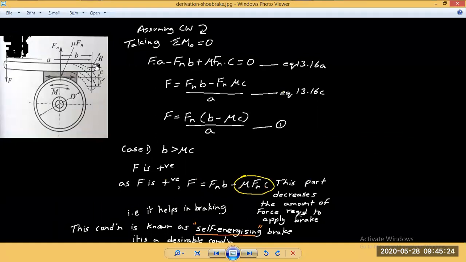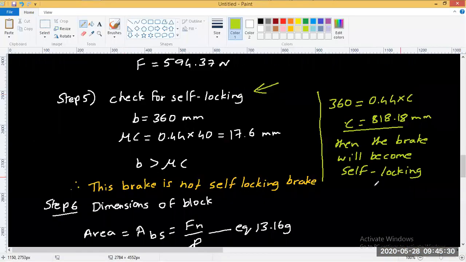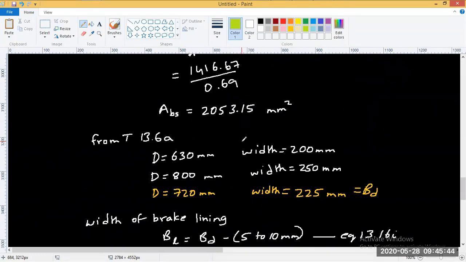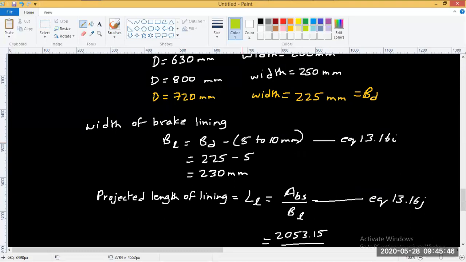B and C are here. So if this dimension crosses that 818 mm, then it will become self-locking. So this kind of small twist may be given, but the entire procedure will follow the same thing. Even for dimensions, the same principle applies. So not much difference in this numerical here.